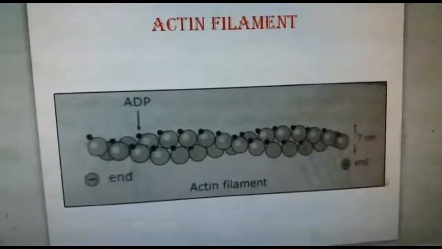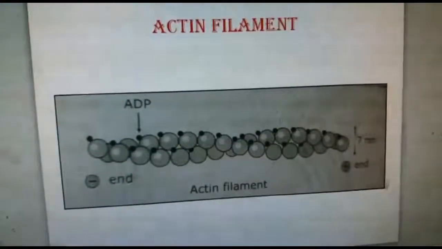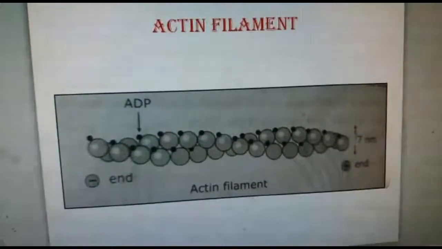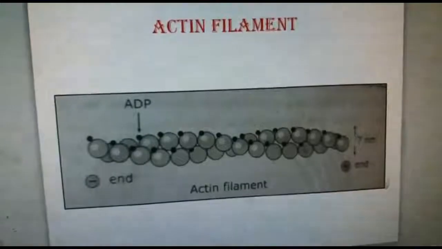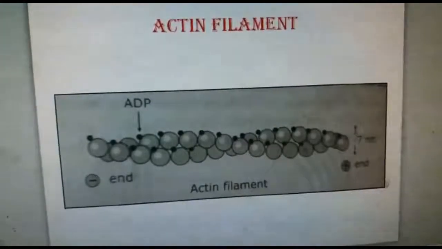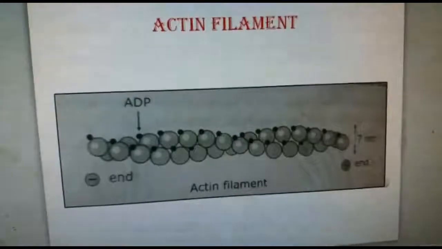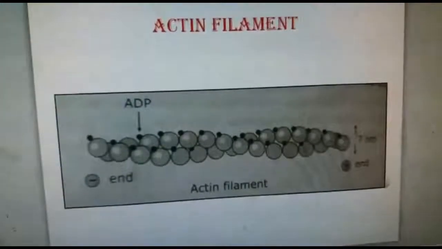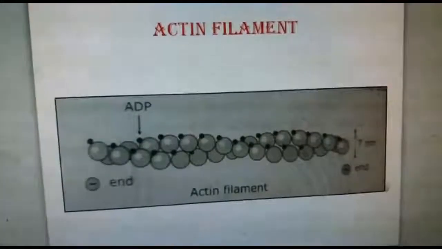Two parallel F actins twist around each other in a right-handed helix to form an actin filament. The structural polarity of actin filament is created by the regular parallel orientation of all of their subunits. Actin filaments are thinner and more flexible and usually much shorter than microtubules.